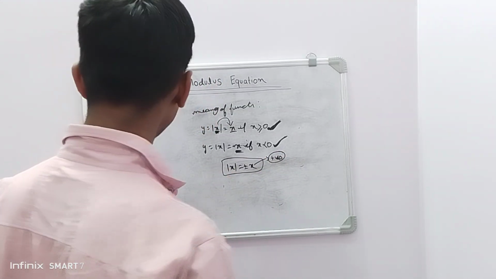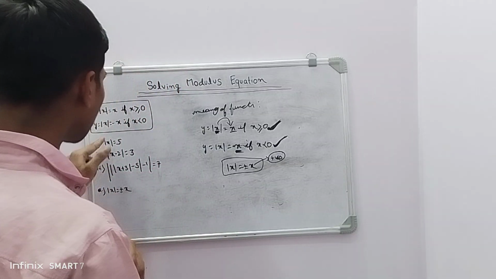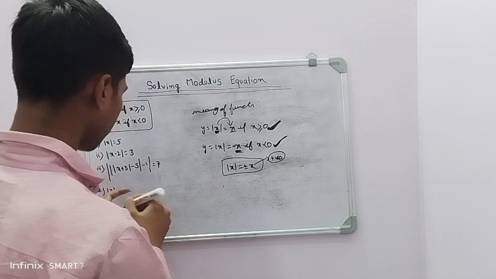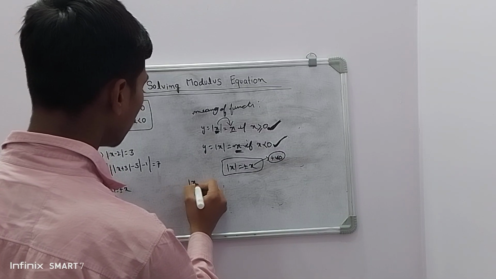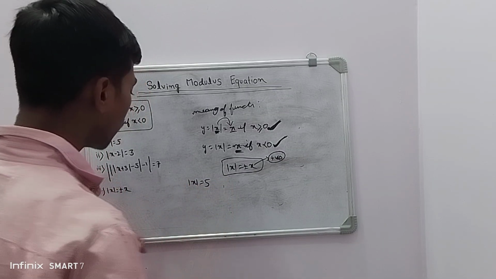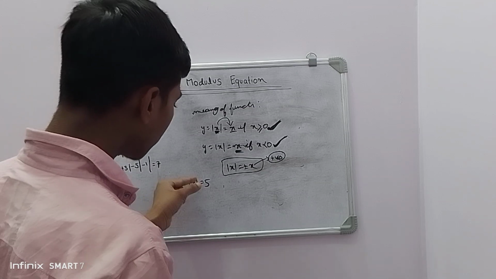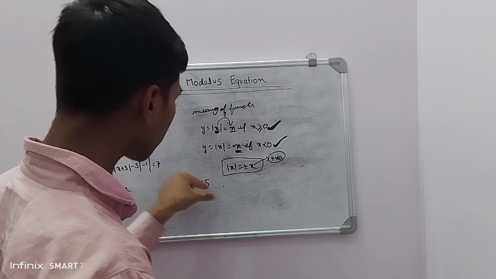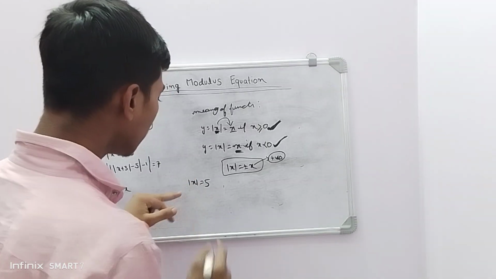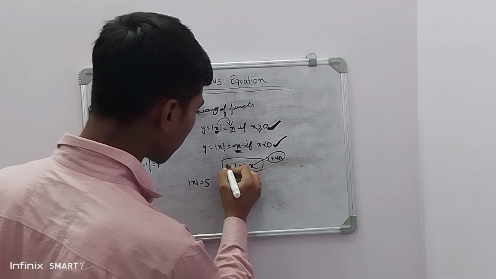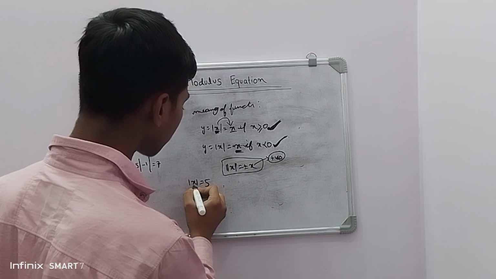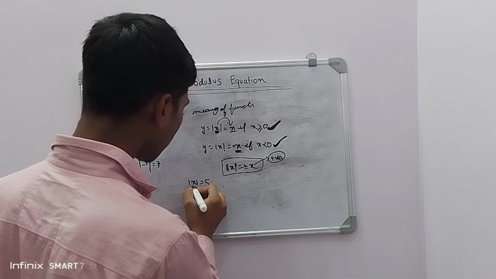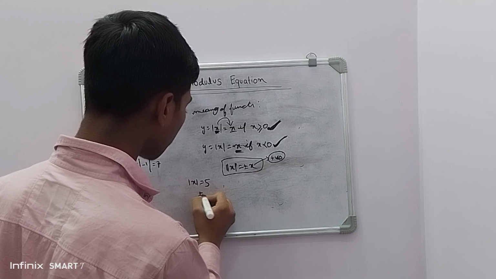Now if I make you solve this question right here, what will be the value of x when mod x is 5? When you open this, you will get 5 as an answer. So as you know the way of opening the mod, mod x is equal to plus minus x, so here you could also write x is equal to plus minus 5.